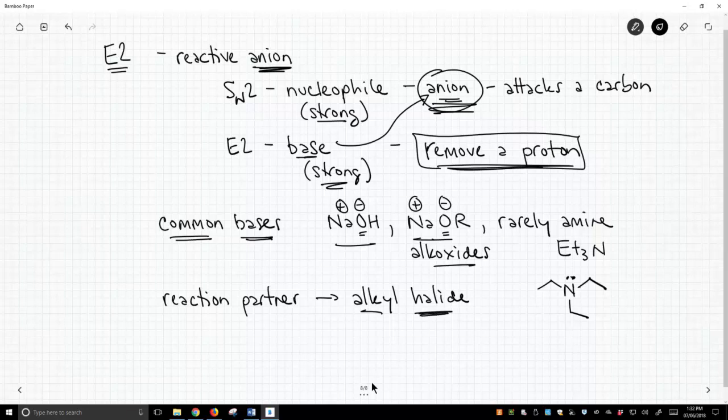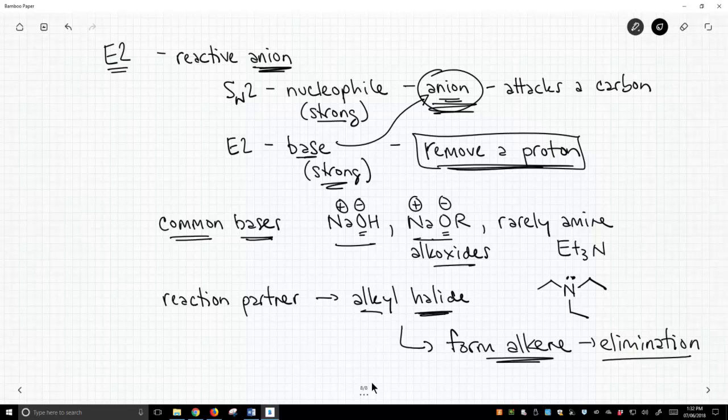We're going to remove a proton, and this somehow is going to form an alkene. And any reaction that forms an alkene, by definition, is an elimination. So we'll see a specific example of this and see how all this comes together, how the base removes a hydrogen, and that causes loss of the halide and formation of a new carbon-carbon double bond, or an alkene.